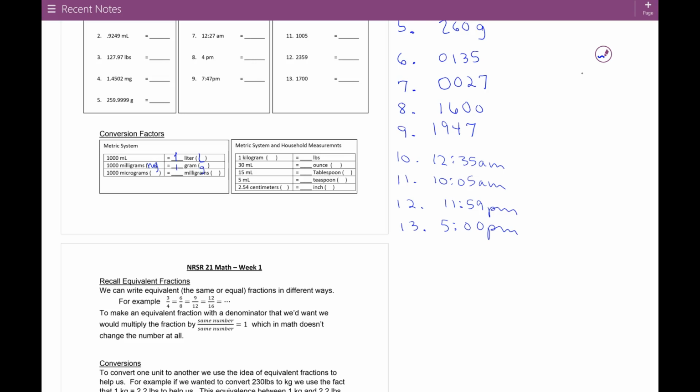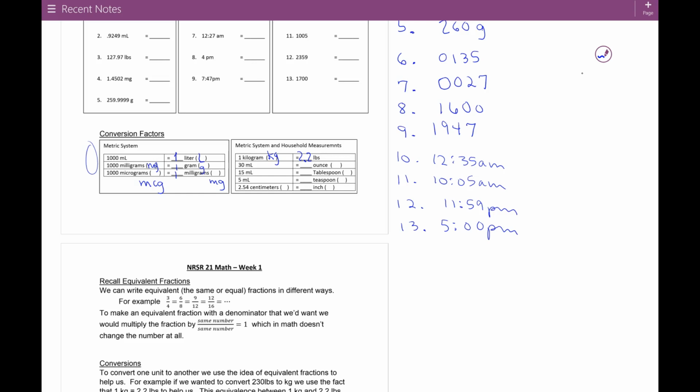Then 1,000 micrograms, mcg, is 1 milligram, mg. Then 1 kilogram, kg, is 2.2 pounds. So this box is metric conversions that's just going between different metric units.